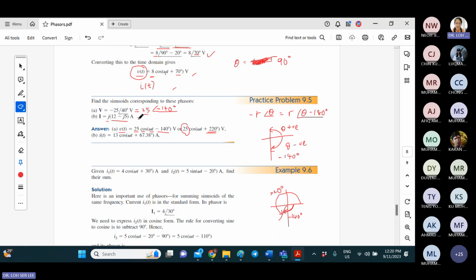When we multiply J into this, J times J, you get J square, right? J square is -1. -1 times -1, you get positive, so you get positive 5. And then J times 12, you get plus J12. Correct?